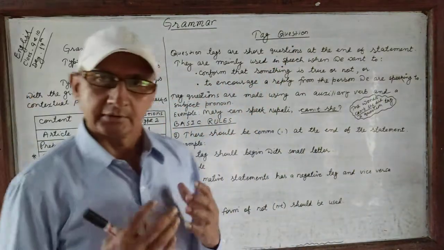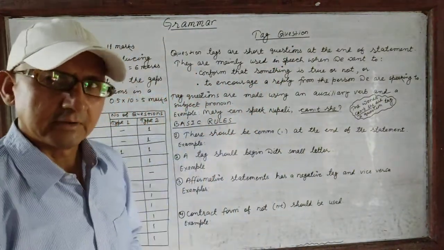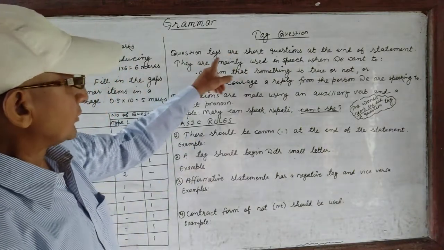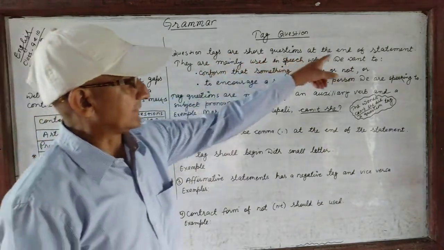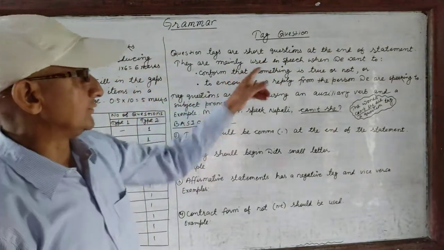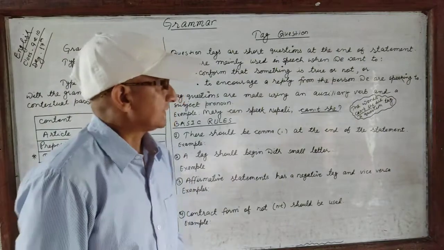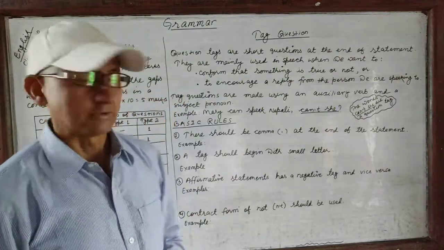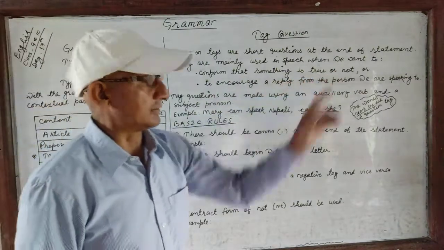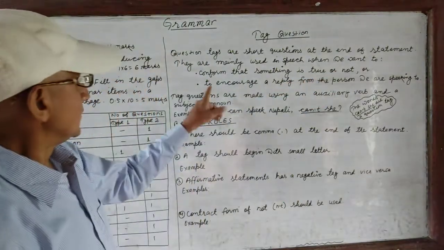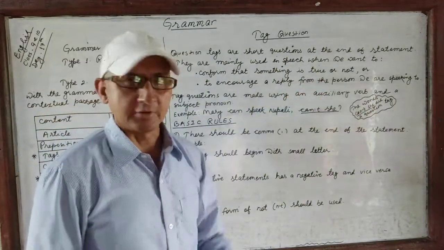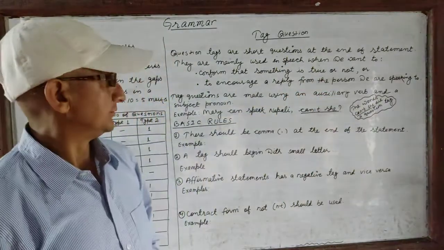Let's talk about the tag question. Tag questions are short questions at the end of a statement. They are mainly used in speech when we want to confirm that something is true or not, or to encourage a reply from the person we are speaking to.